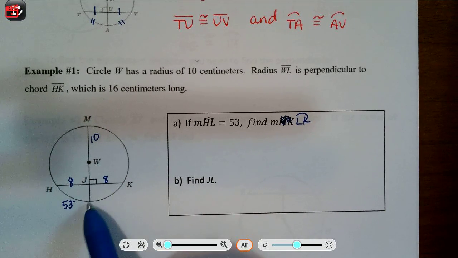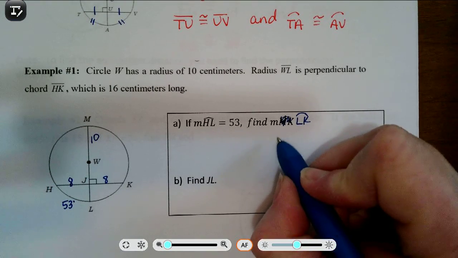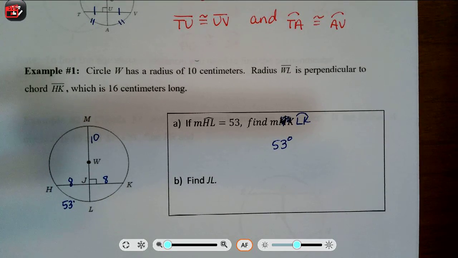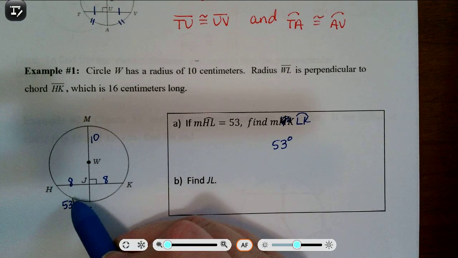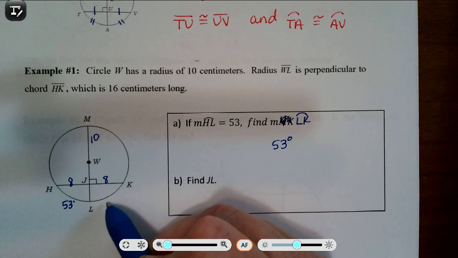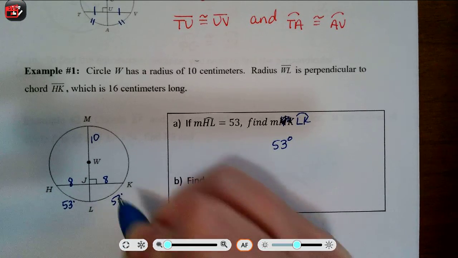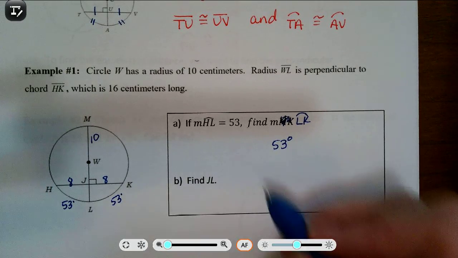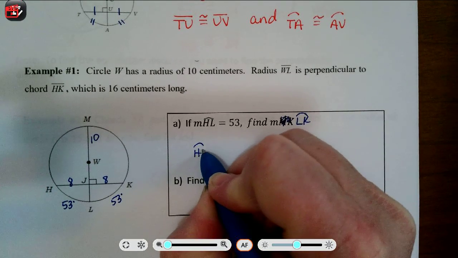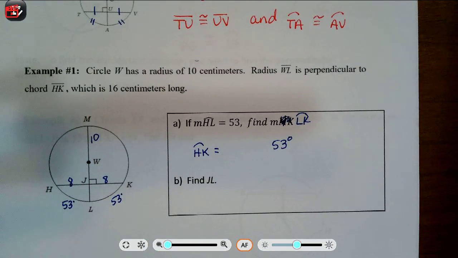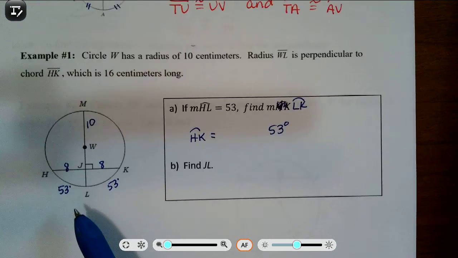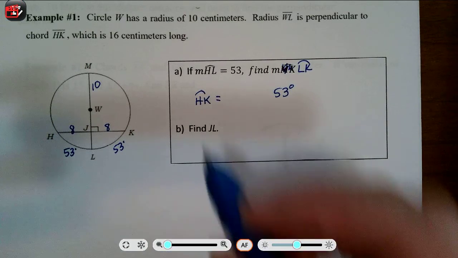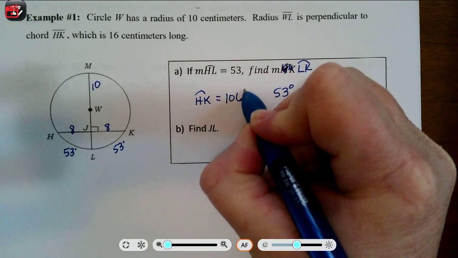So if HL is 53 degrees, then LK is 53 degrees as well. These two pieces are congruent. If I needed to find HK, I could very simply add these two pieces together. 53 plus 53 gives me 106.